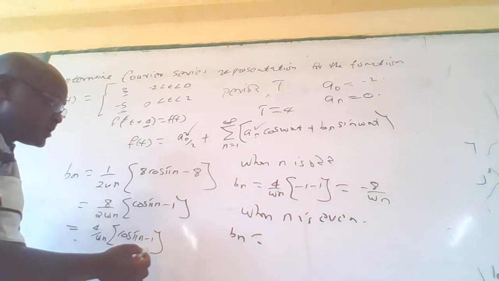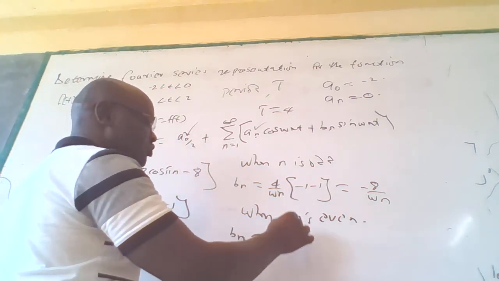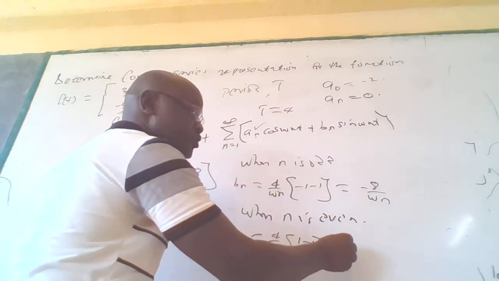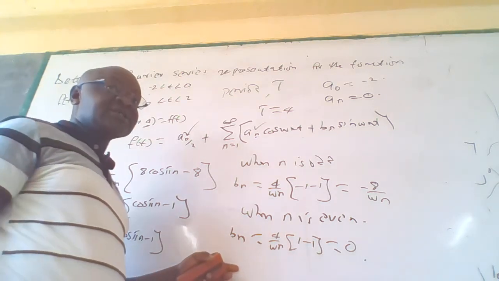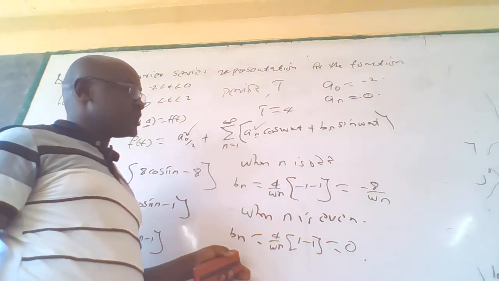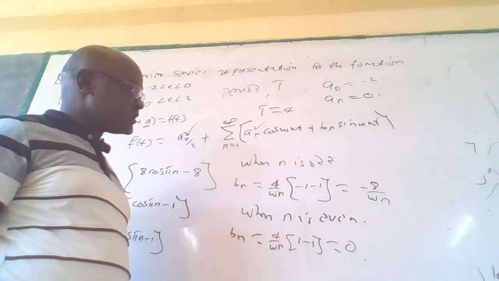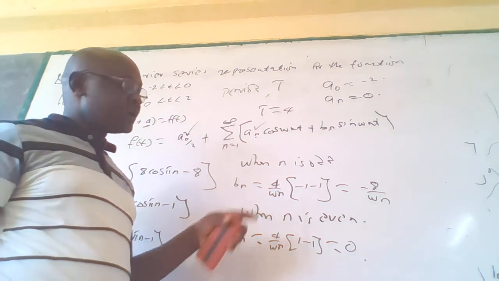So if it's 1, then we have 4 over omega n into 1 minus 1, which equals 0. So it means that at even numbers, we don't have the series. So meaning we only have the series at odd numbers.